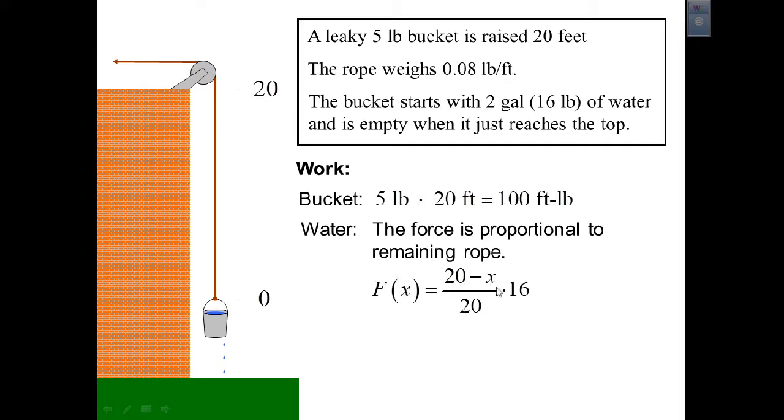But that's what we're doing, and we have to define it in terms of x. And we can simplify this a little bit, look for the common factor of 4, and we end up with 16 minus 4/5 x.